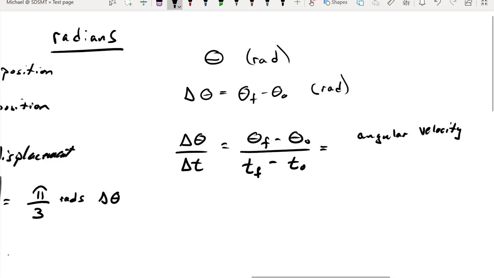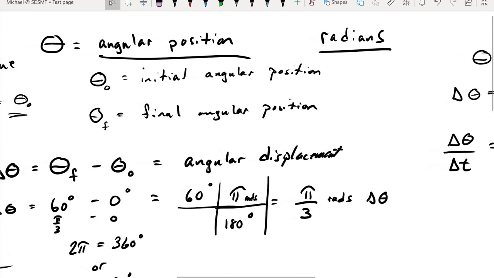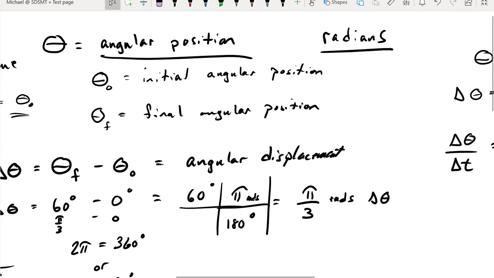And if you haven't picked up on it yet, angular is kind of the word of the day here. Really, we're just stepping through everything that we had the first day of the semester, where we were defining things like position, displacement, velocity, acceleration. Only now we're throwing the word angular in front of everything.